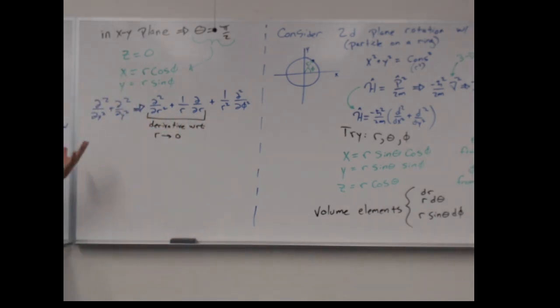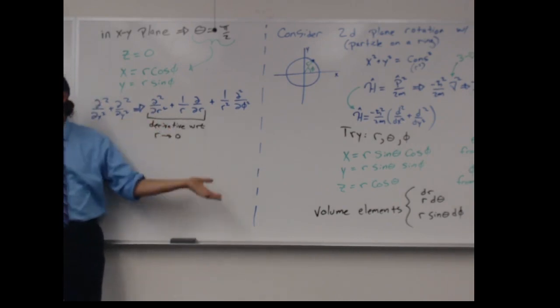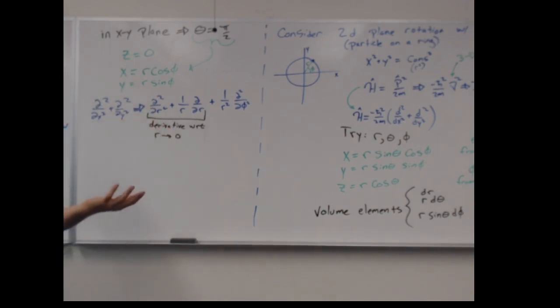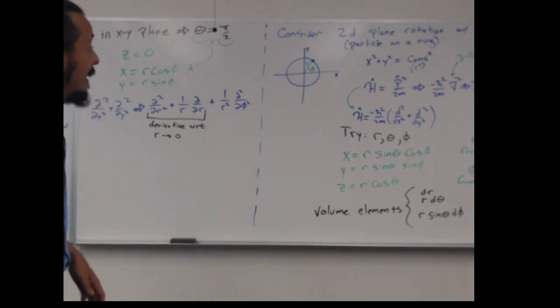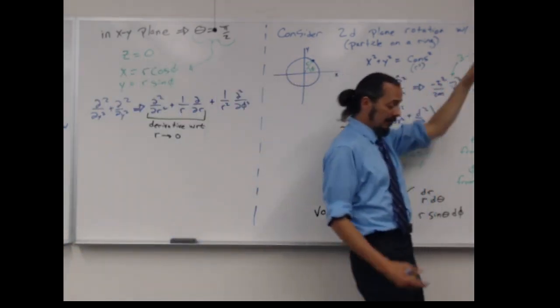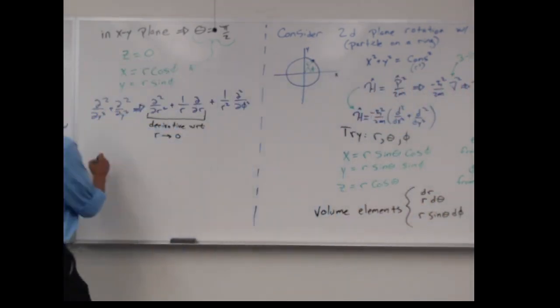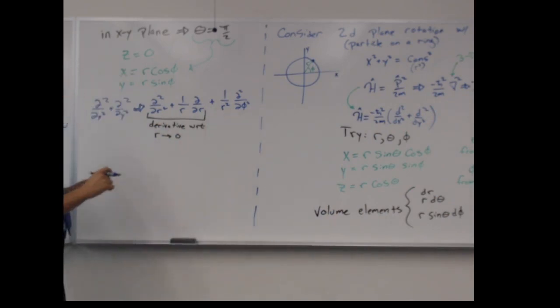Because if I've got some function, I'm taking the derivative with respect to r, but there's no r piece, those things are just going to go away. So that means, for this restricted case, where I'm restricting my theta and I'm restricting my r, I just end up with this 1 over r squared d by d phi.